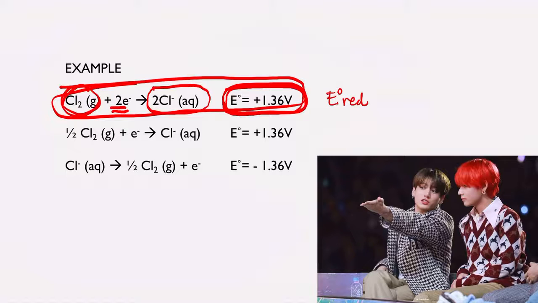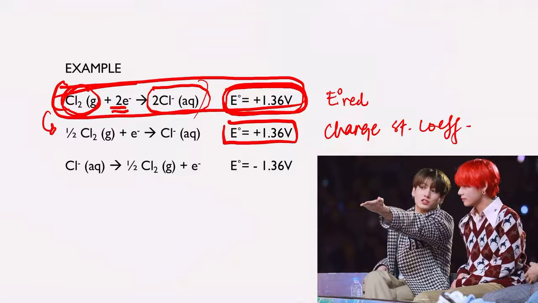Okay, so what happens when you divide this equation by 2, when you change the stoichiometry coefficient? What happens to your E naught? Does it change? No, it does not change. No change of your E naught. Okay, kalau tukar, dia tak tukar pun awak punya standard reduction potential tu.